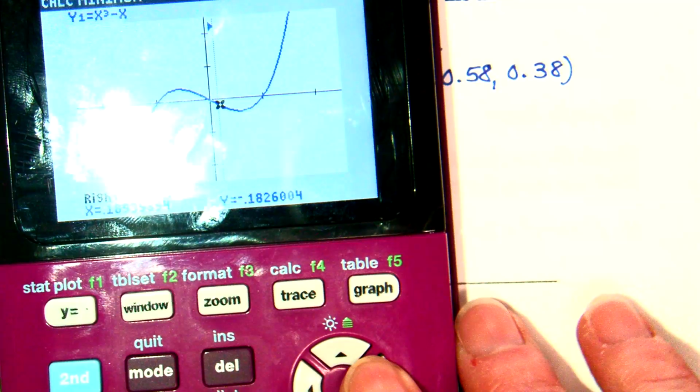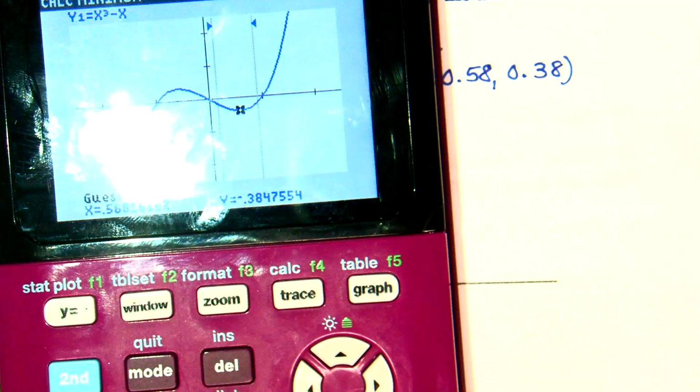Opposite signs? Same numbers, opposite signs. So it's 0.58 and -0.38. Those are your max and min values.